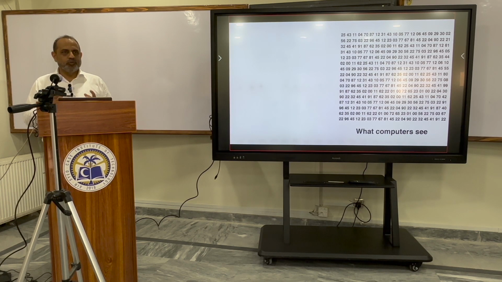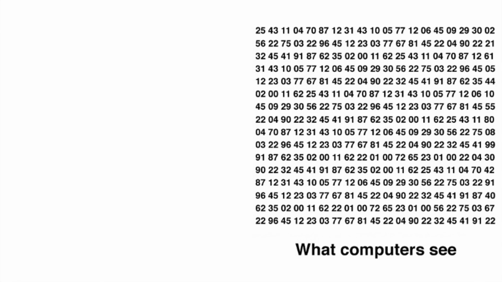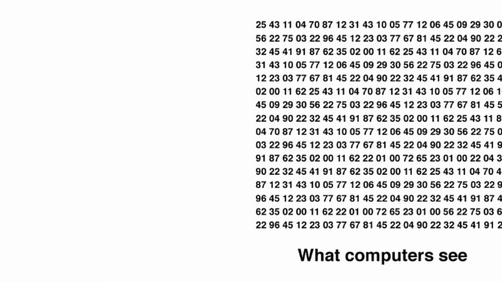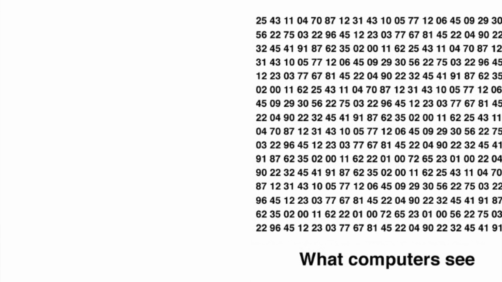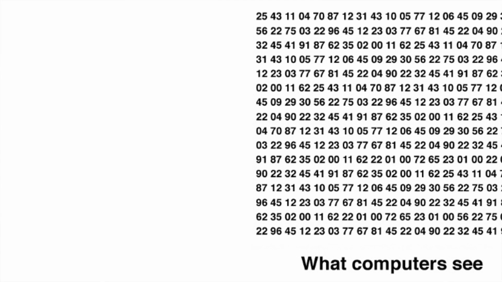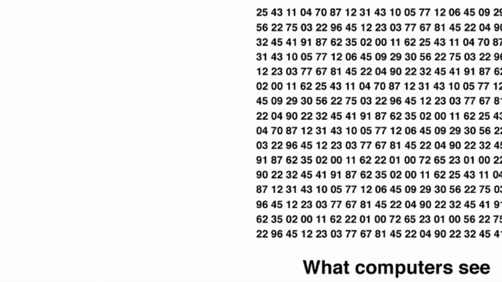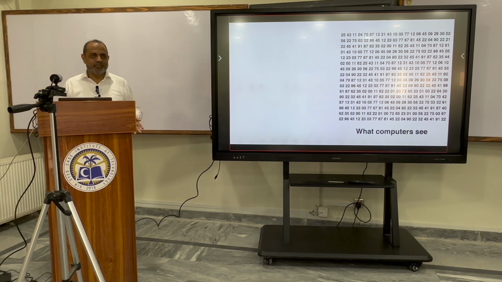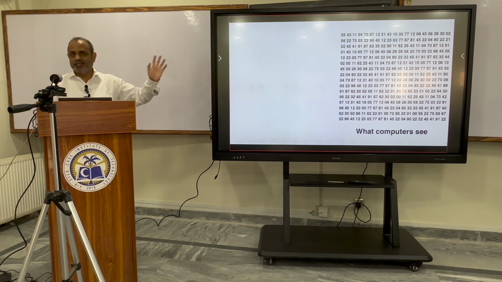You say, as a human, I can see this is a bird, and the computer is saying it is an elephant. Why? Because of scale. If an elephant is a little picture and a bird has the same size picture, and you play a little with the pixels, a computer may say this is a bird, though you can see it's an elephant, and you will be surprised at why it is saying it is a bird. Because the computer can't see. It has to figure it out with these numbers.